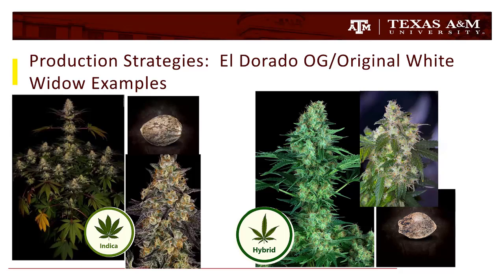Just real quickly, there are two types of cannabis production. There's clonal propagation and seed-grown cannabis. Clonal propagation is taking propagules from a mother plant, which are identical to that mother plant and identical to each other. And then seed-grown plantings can be used to develop or maintain a cultivar or inbred.